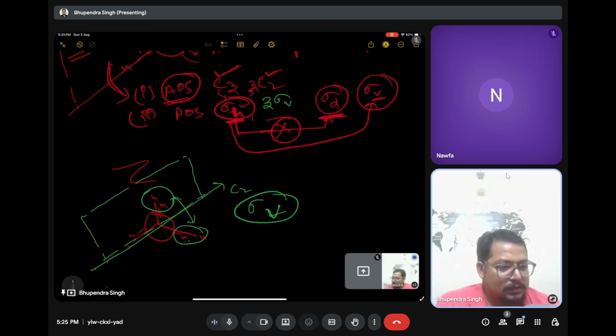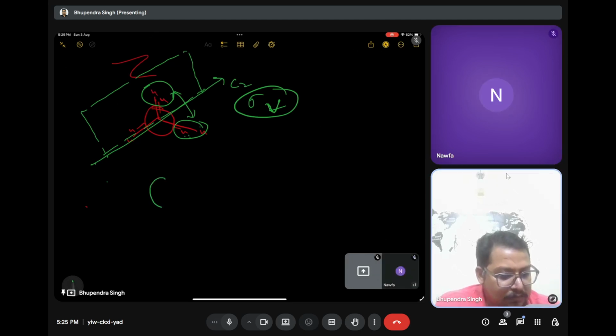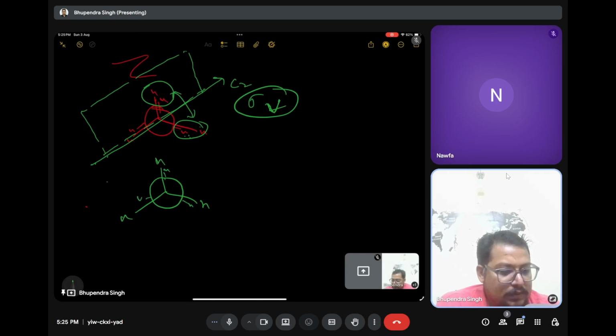Now the axes of symmetry are done, the planes of symmetry are done. Now it's time for the inversion center, I. Do you think I is present? In this molecule, are you able to find I?